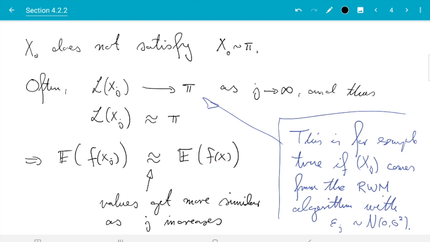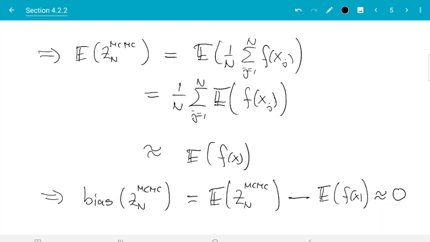If you do, I don't know, 1,000,000 steps of the Markov chain, you may want to throw out the first 10,000 or 100,000 samples, just because there this difference may still be larger than for the rest, and then these terms may contribute more to the bias. So that is one standard way to keep the bias small, and I'll write that down in a second.